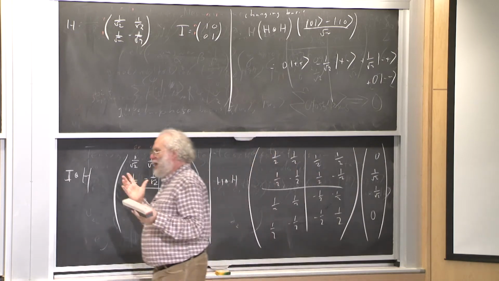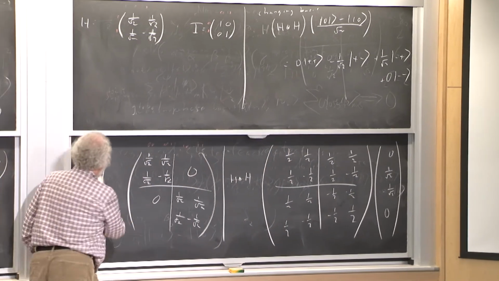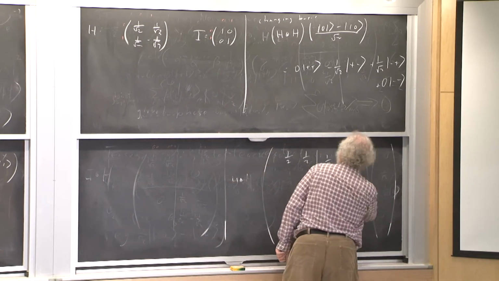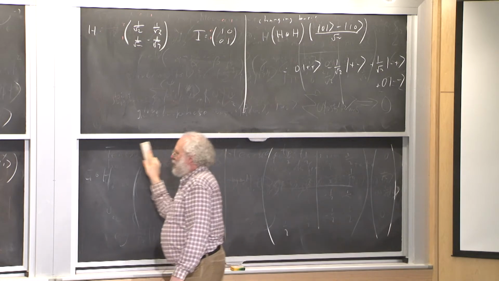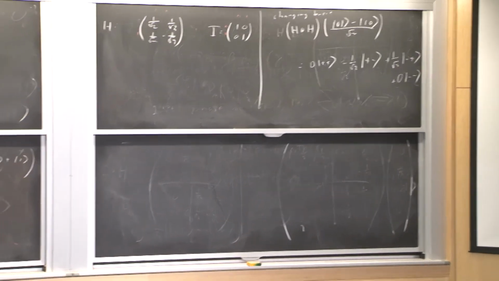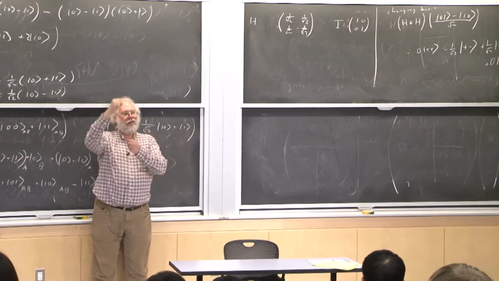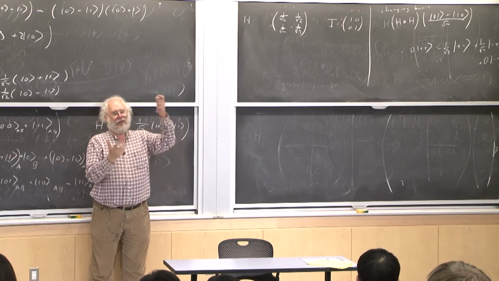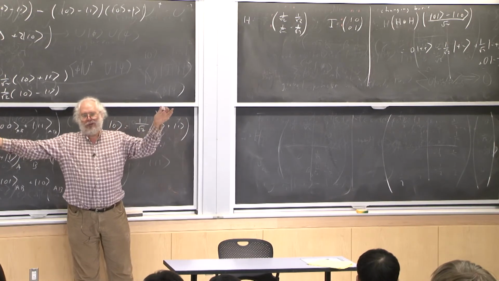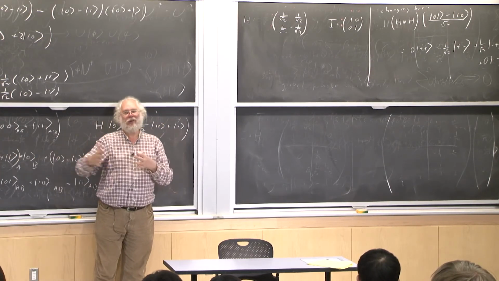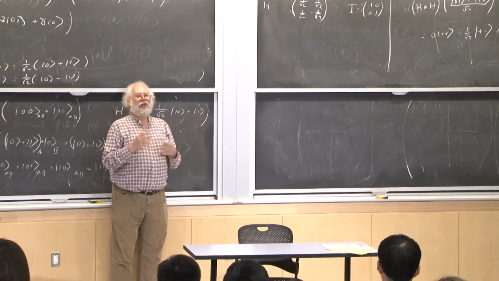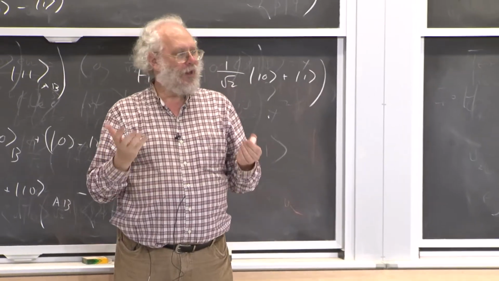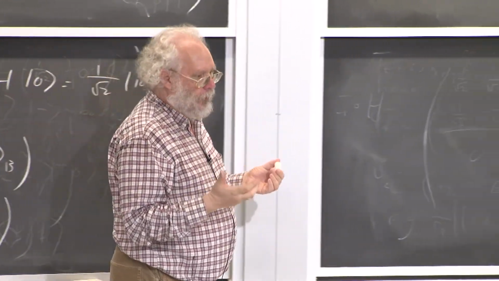In fact, if everything was a tensor product, then you couldn't really do quantum computation, because if you start with a tensor product of qubits and apply a string of tensor product unitaries to them, you'll never get qubit 1 to talk to qubit 2. And to do quantum computation, you really need qubit 1 to talk to qubit 2.